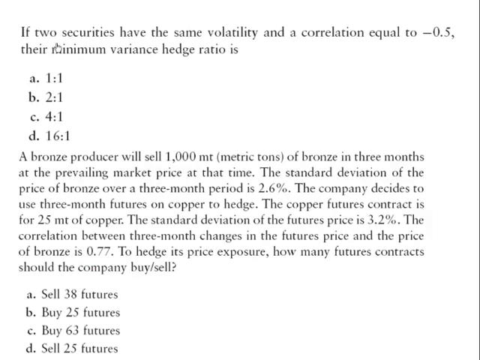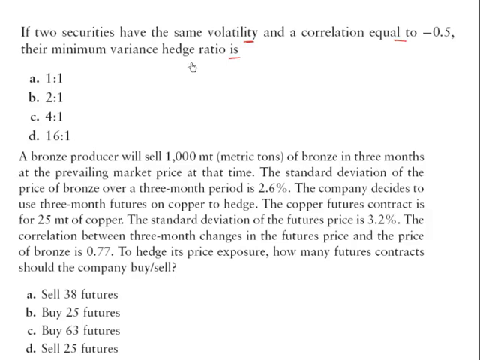If two securities have the same volatility and a correlation equal to minus 0.5, their minimum variance hedge ratio is.